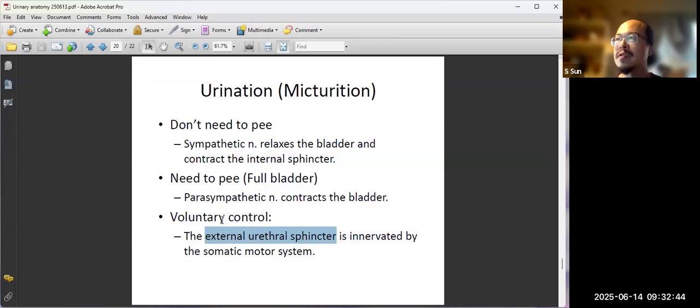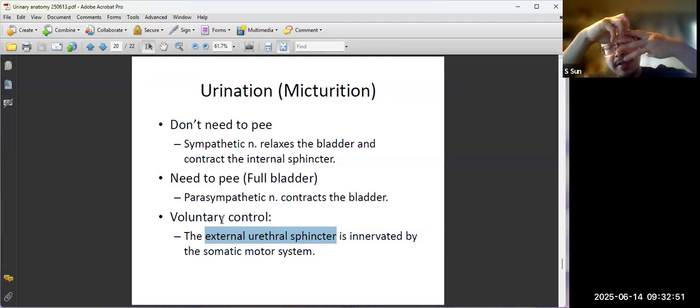A quiz question associated with these three muscles: you need to know what causes the bladder contraction. Parasympathetic contracts the bladder.